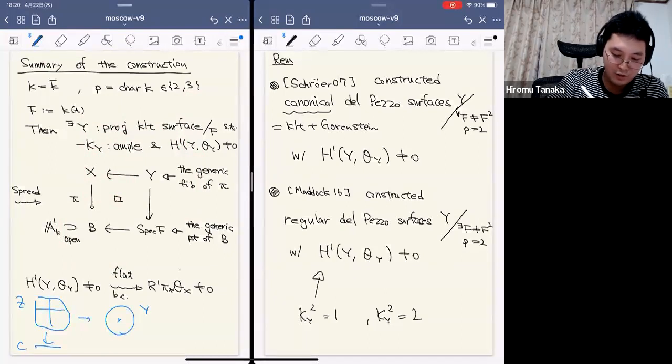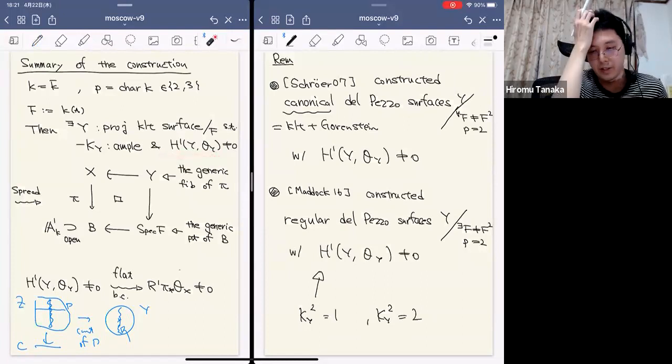This is a contraction of gamma, and this is the non-smooth locus. So this has a non-smooth locus of one dimension, so this is not geometrically normal. And for these cases, it's impossible to find geometrically normal examples.